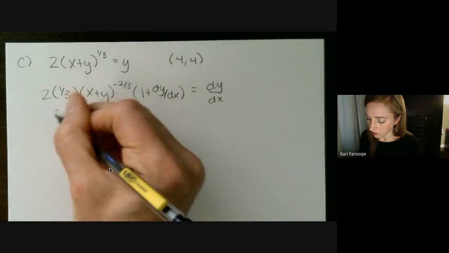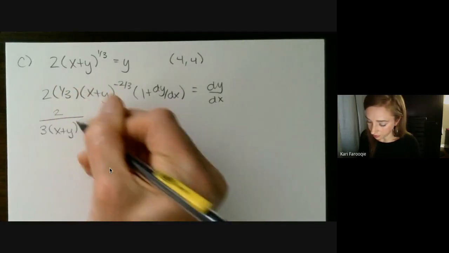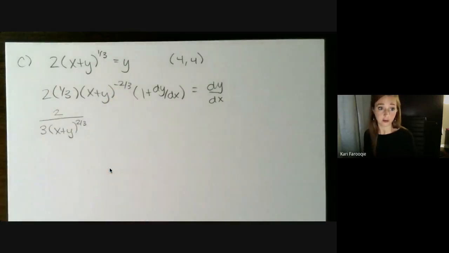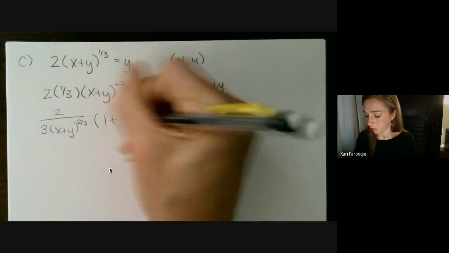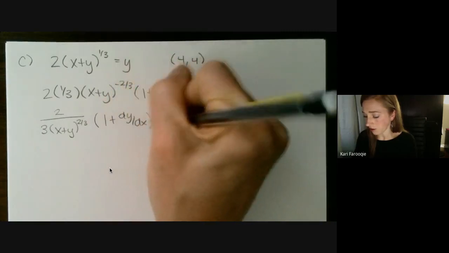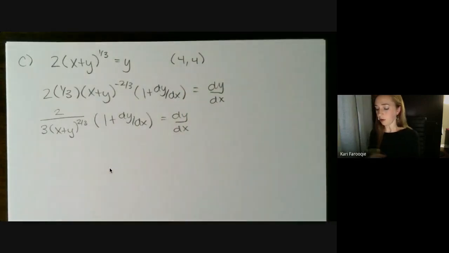So I'm going to write this as 2 divided by 3 times (x plus y) to the positive 2/3. And that quantity is getting multiplied by 1 plus dy/dx. And it might help you to see more clearly now that you need to distribute. Questions here?